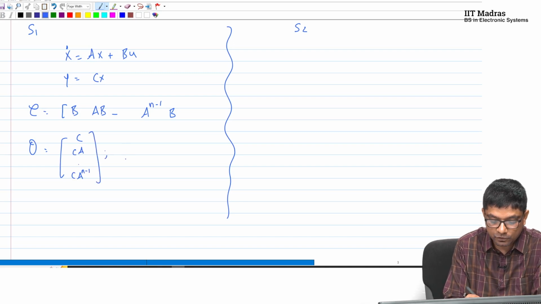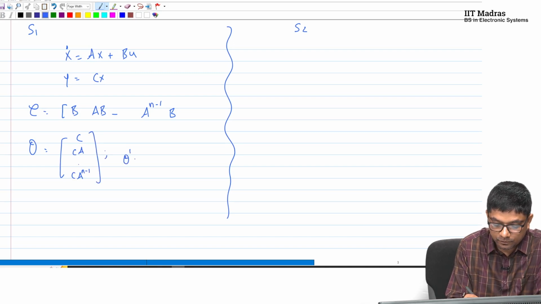I can write the transpose of the observability matrix as C transpose, A transpose C transpose, all the way till (A transpose)^(n-1) C transpose.